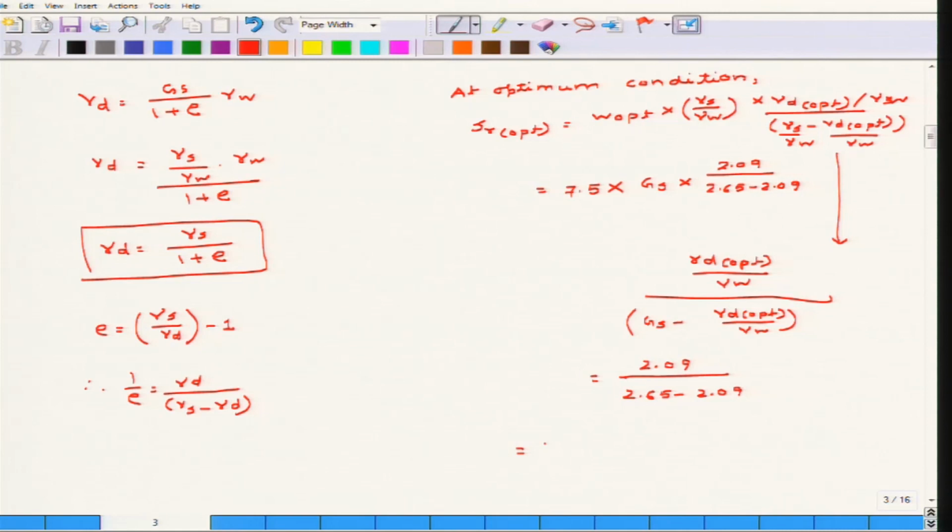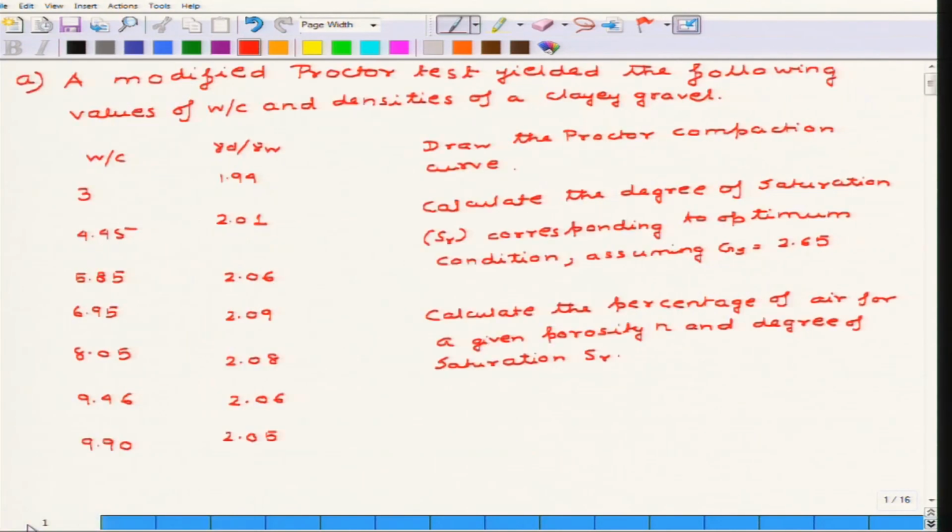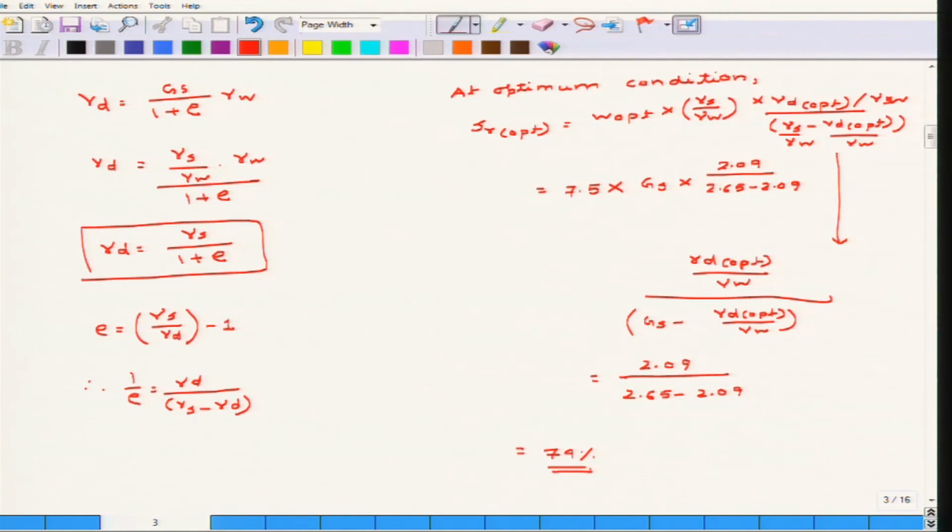Now the SR optimum comes out to be 74% in this case. So the degree of saturation corresponding to optimum condition comes out to be 74%.